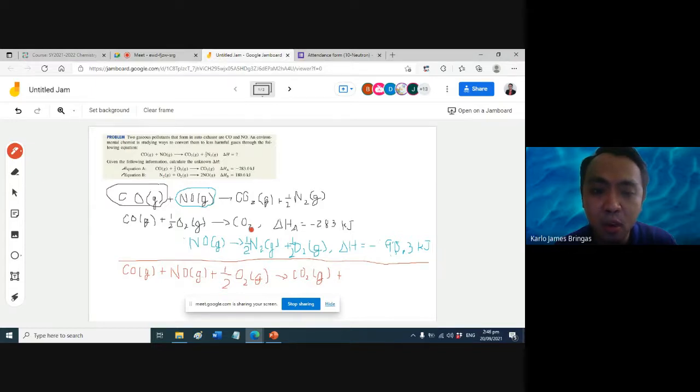So I just simply copy it without adding anything. So I have 1/2 N2 plus, finally, we have 1/2 oxygen na nasa product side.